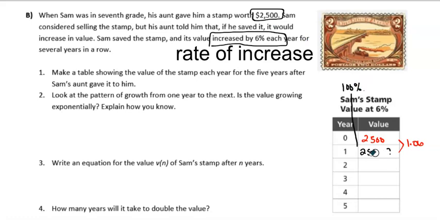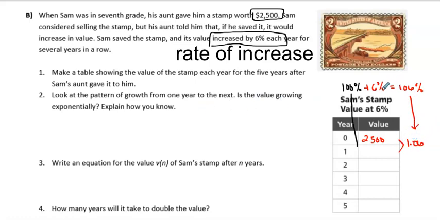Well, I'm going to earn 6%, so I'm going to have another 6% on top of what I started with. So I have the 100%, I add the 6%, and that gives me 106%, which is 1.06, which is also my growth factor.